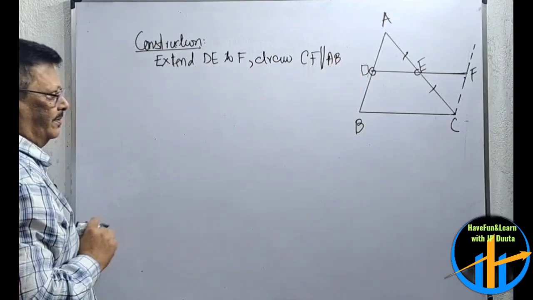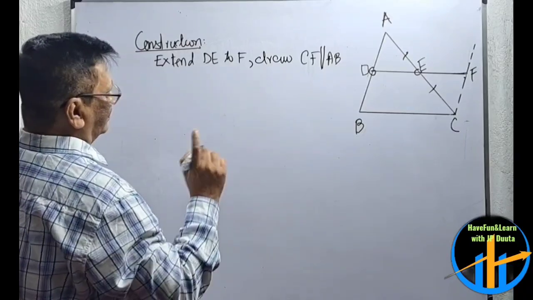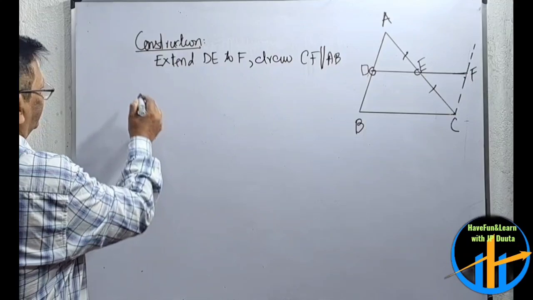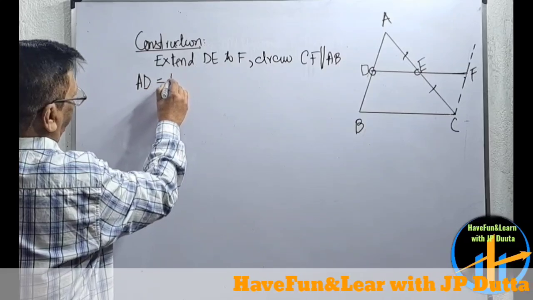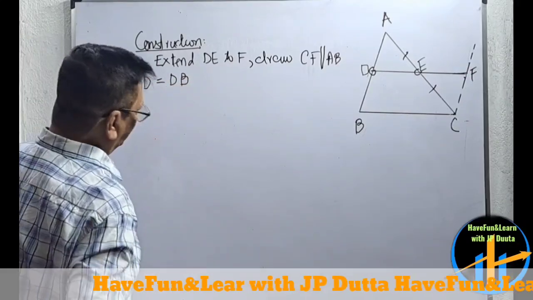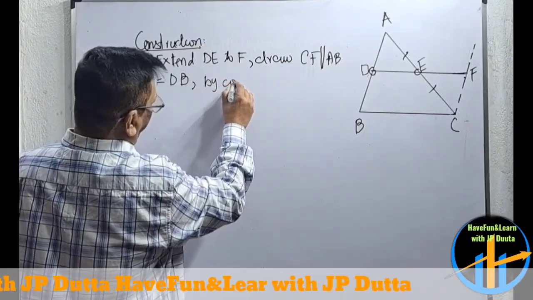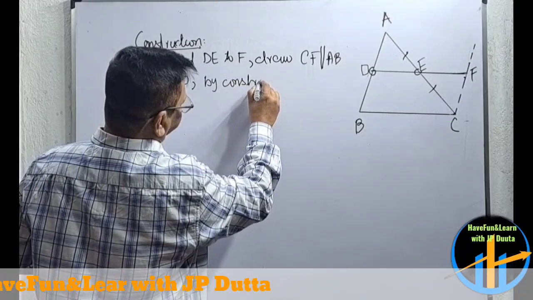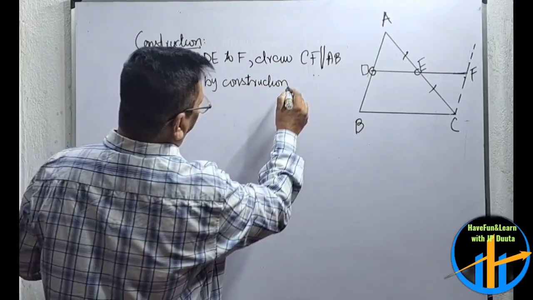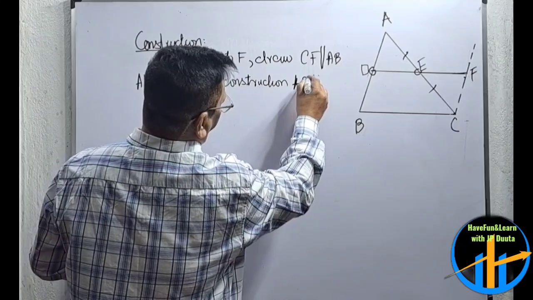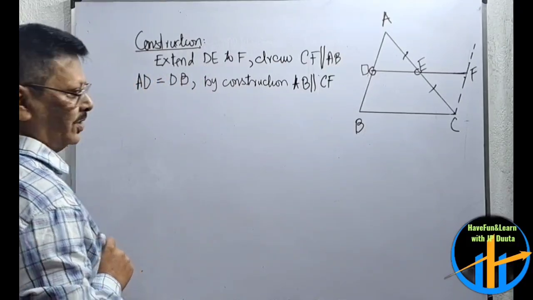This is our construction, correct? Now, what are known to us? See, we know AD is equal to DB. That is number one. We also know by construction AB is parallel to CF. This is by construction.